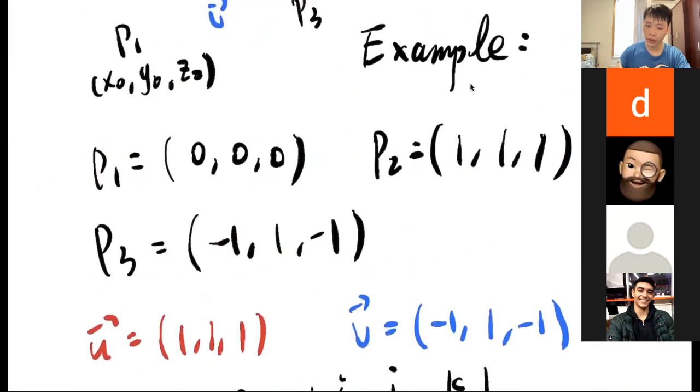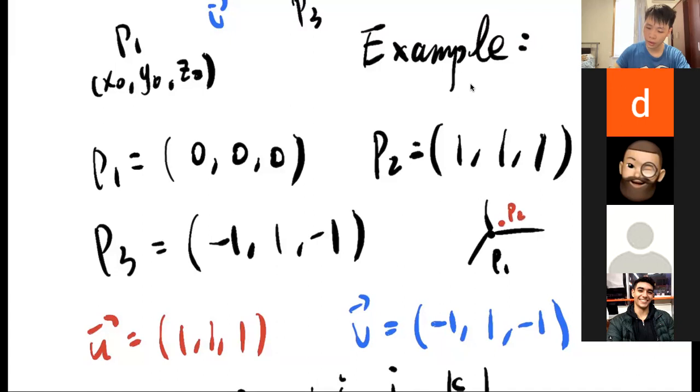Okay, so go back to the last example when you have P1, P2, and P3 here. What does it look like in 3 dimensions? So P1 is the origin. P2 is somewhere on the... hard to draw it.